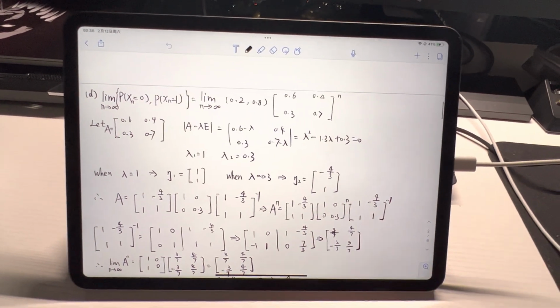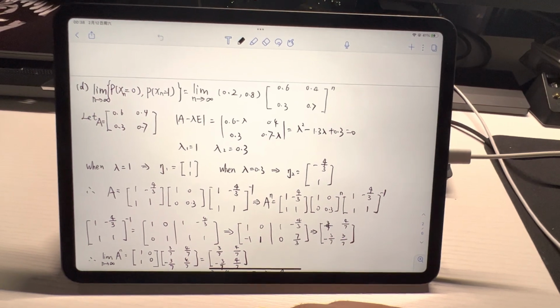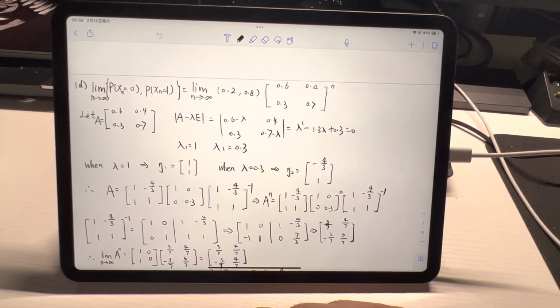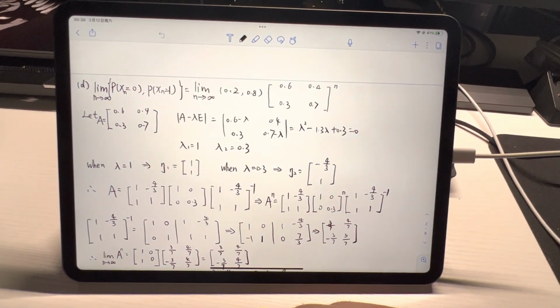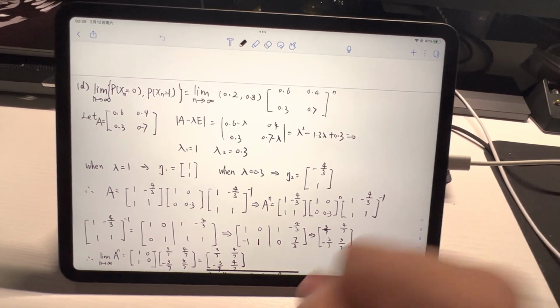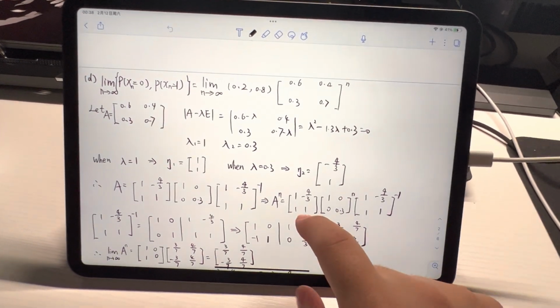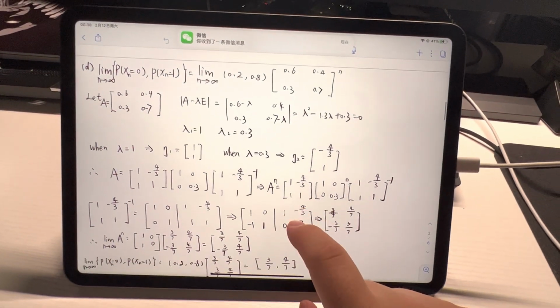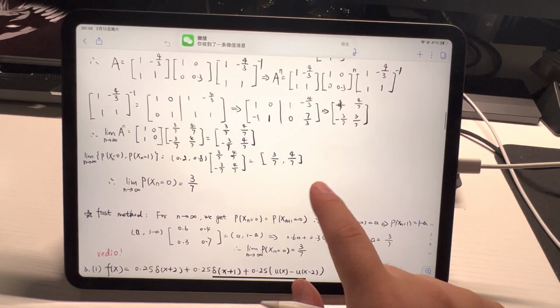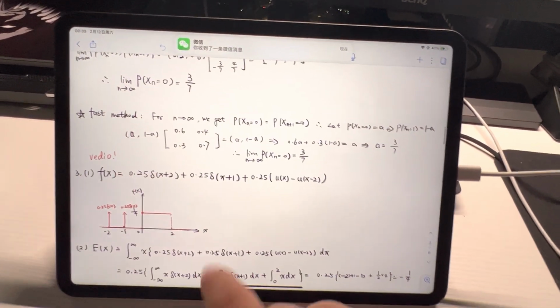Then for question D, find the limit of the probability of Xn = 0 when n is big enough. So we use this fast method.